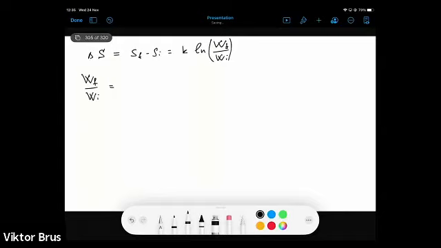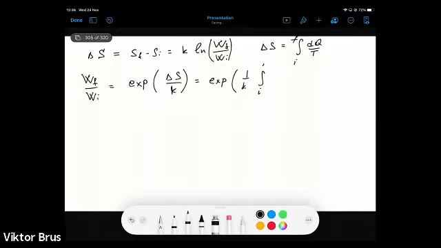That will be the exponent of delta S divided by K. And we remember that delta S by definition is equal to the integral from initial to final state of dq over T. So we can write that it will be equal to the exponent of 1 over k times the integral from initial to final state of dq over T. We also considered what this integral will be in detail for different thermodynamic processes in ideal gas.